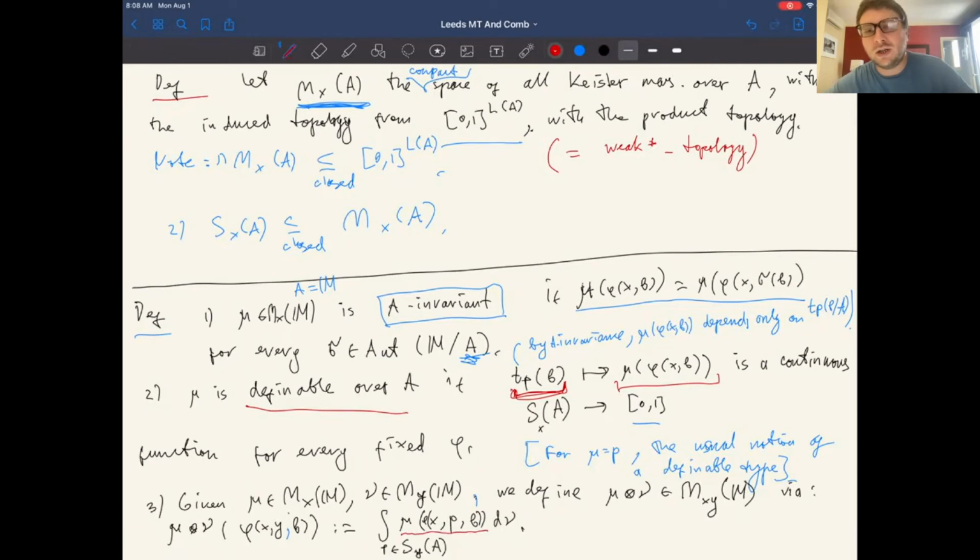We're just integrating a continuous function with respect to nu, where we view nu as a Borel measure, as explained earlier. So the integral makes sense. It's the usual notion of integration, the Lebesgue integral.